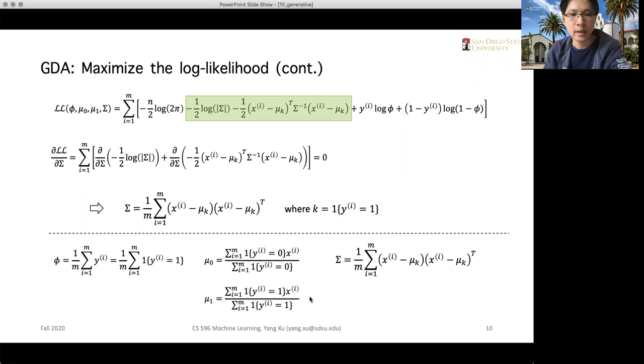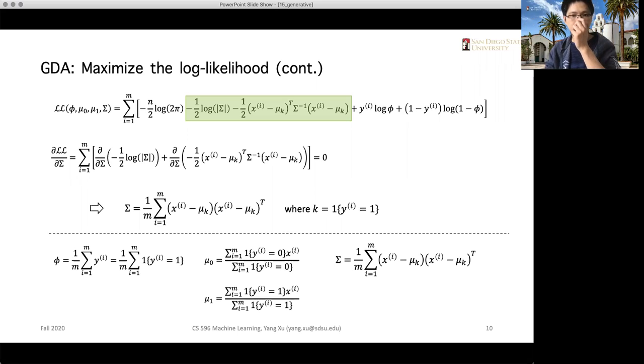Given these solutions, we have modeled the data with two Gaussian distributions with mus and sigmas that are purely defined by the data.